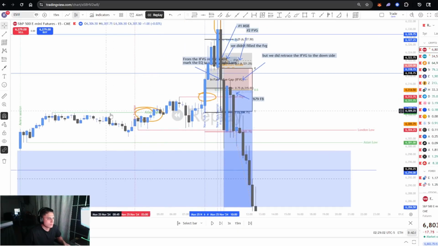Once London market hits, this is what I've always seen: when Asian session is like a preset, if London opens and takes either one of those two, the high or the low of Asian session, it's just going to continue trending whichever way it goes.